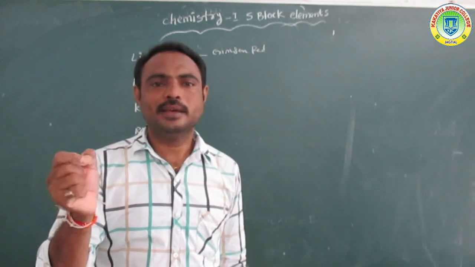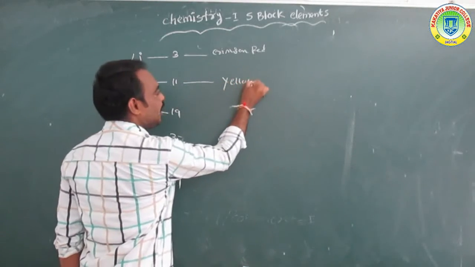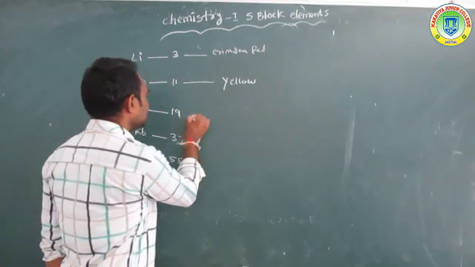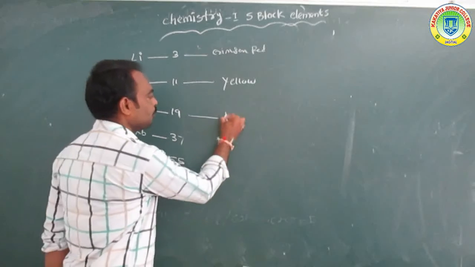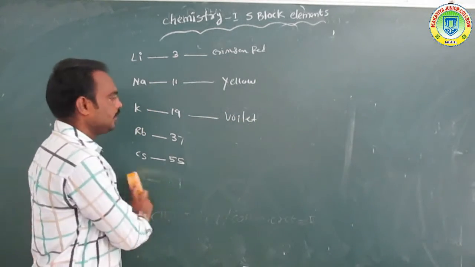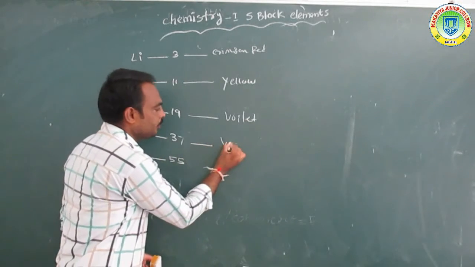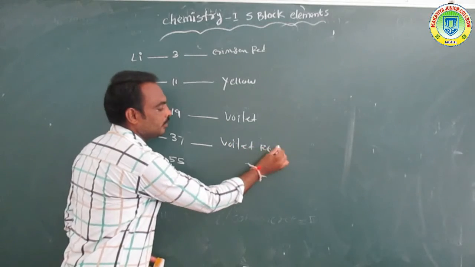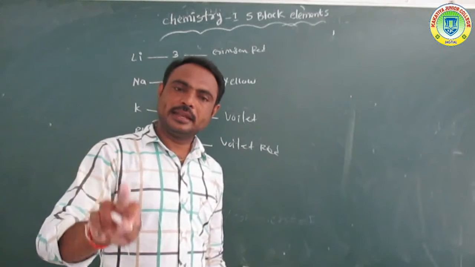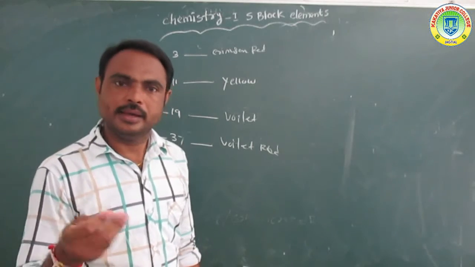Next, sodium is yellow. Potassium is violet. Rubidium is violet red, a mixing of two colors, violet and red at the same time.